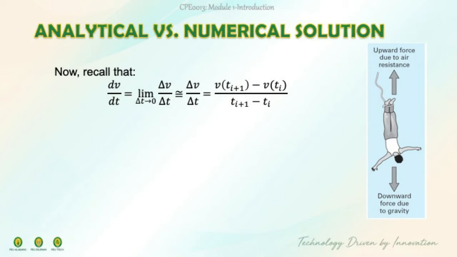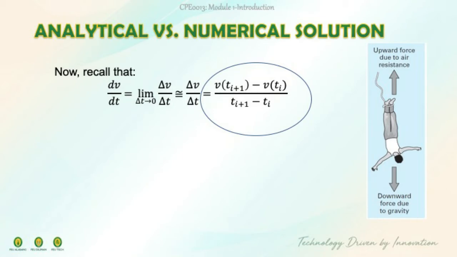So this expression, v(t_i+1) minus v(t_i) all over t_i+1 minus t_i, is called a finite difference approximation of the derivative at time t_i.